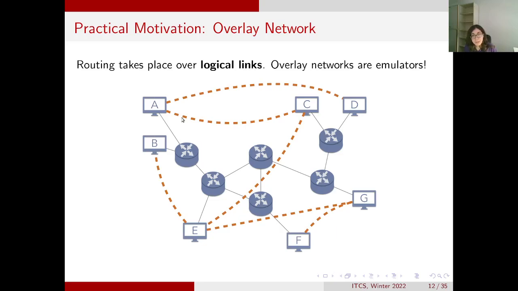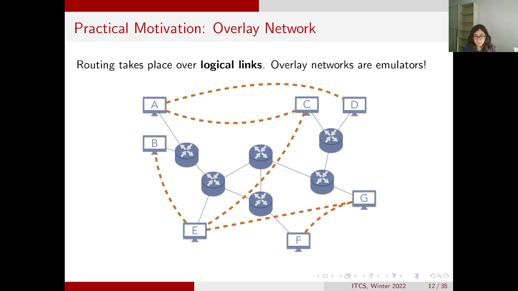Okay, so let me also give you a practical motivation for this definition. What emulators really are in the context of networks and distributed systems are what is known as an overlay network. What is an overlay network? It's a set of logical or virtual links between nodes in a network.